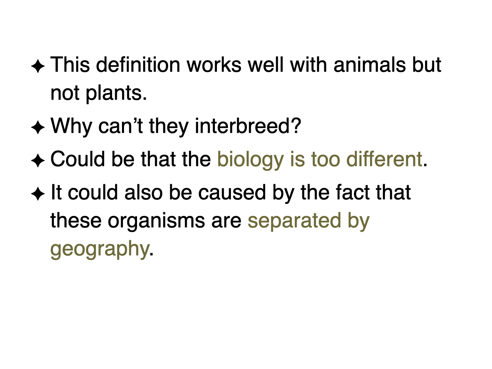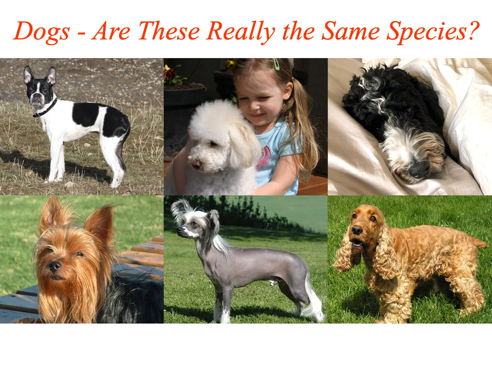So why can't they interbreed? It could be that biology is too different, but species can also not interbreed because they're separated by geography. Here's an interesting question. Dogs.